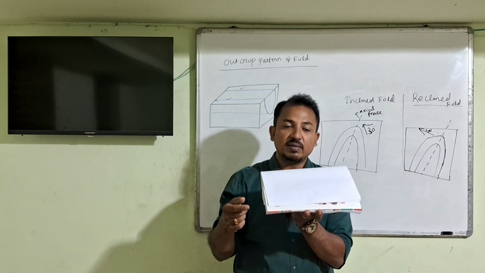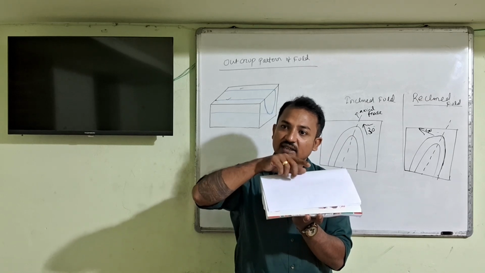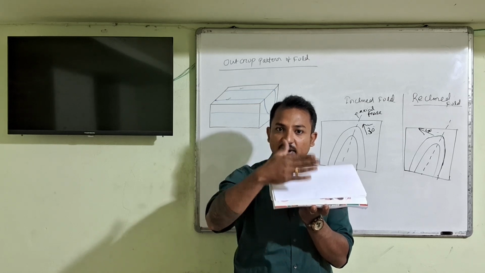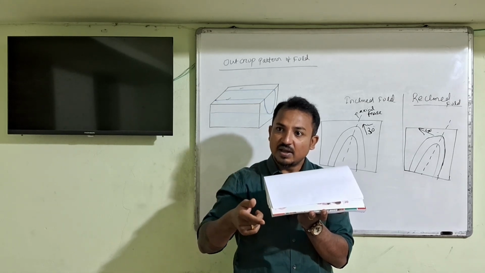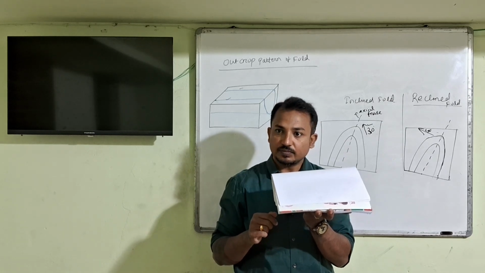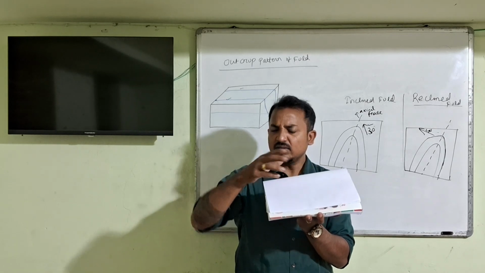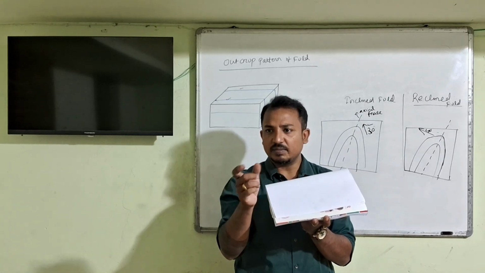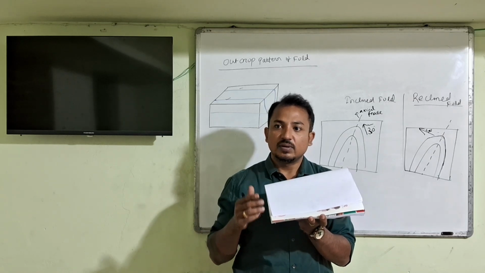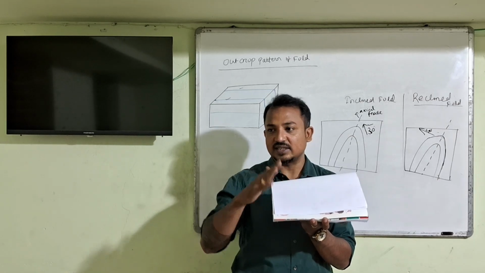And that way I will say the dip of the axial plane and the plunge direction of the fold axis are both the same. If both are the same, the amount will also be the same. So that's why in a reclined fold the pitch will be 90 degrees, or perfectly you will not get 90, you will get between 80 and 90 degrees, where the plunge angle will be equal to the dip of the axial plane.